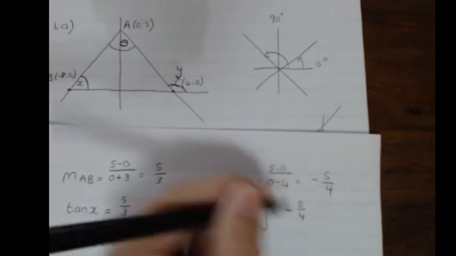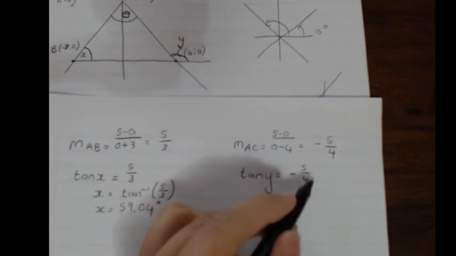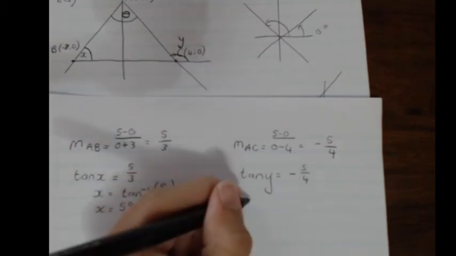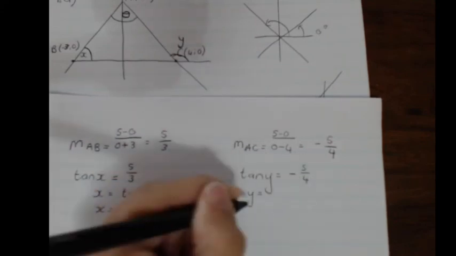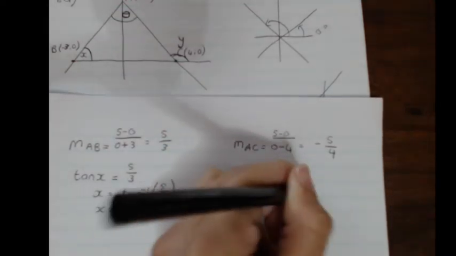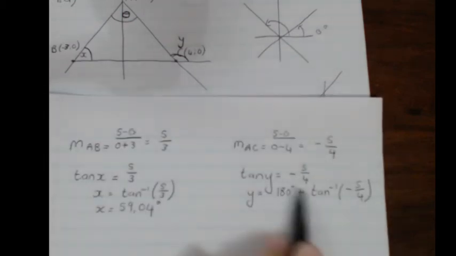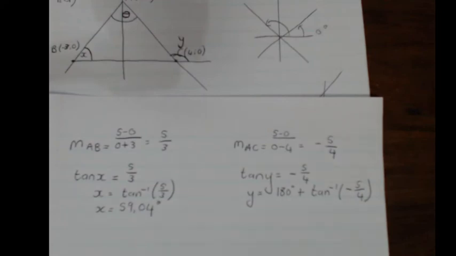Now this is scenario 2 of working out inclination angles. Whenever you have a negative gradient, you must remember in the step where you work out the y to take 180 plus shift tan of the negative gradient. Whenever you have a negative gradient, you must add 180 to that angle.